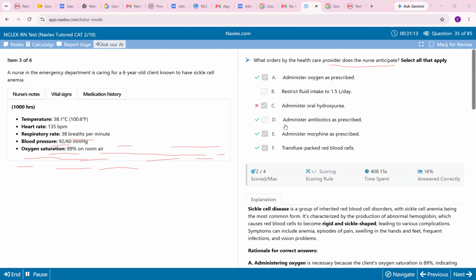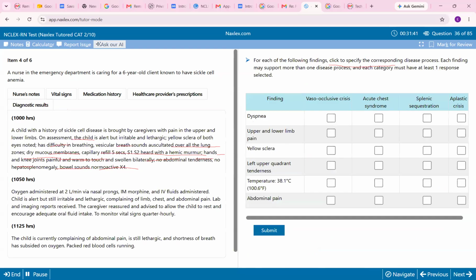But we deducted 1 mark for the wrong answer. So how much did we get? 2 marks. That means you gave 3 correct answers, so 3 marks you got. But from the 3 marks, you made a mistake, so 1 mark was deducted from your gained marks. So you got 2 marks. Okay, so that is the scoring. So in the SATA model, we should be very careful.